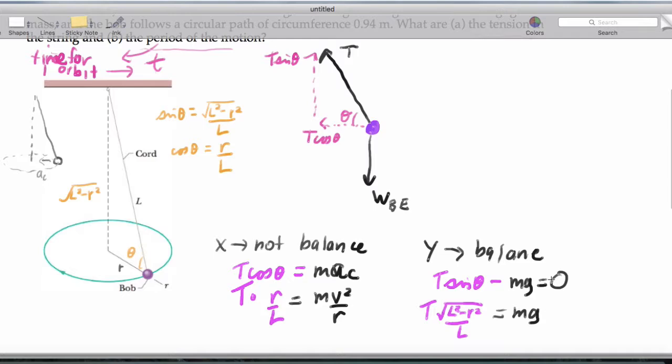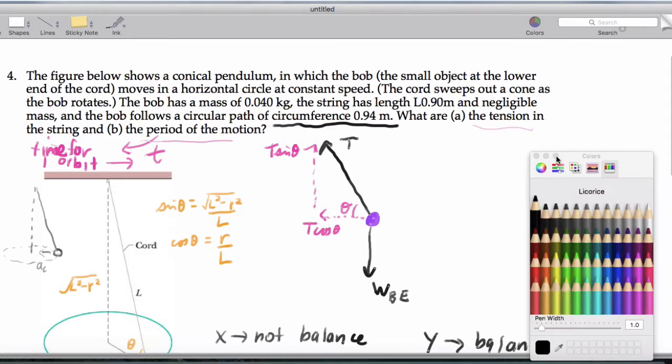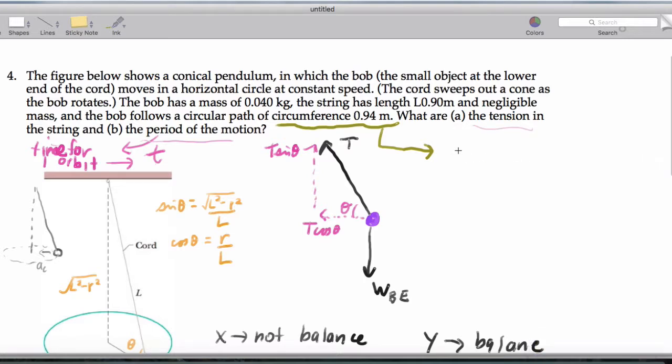Now let's look a little carefully and see what we can do for numbers. So one of the nice things is they say the circumference is 0.94 meters. Are you kidding me? Okay, I'm going to pick a color of ink that expresses my mood about this ridiculous piece of data. Okay, there, we'll pick asparagus, which to me honestly looks like doggy-doo.